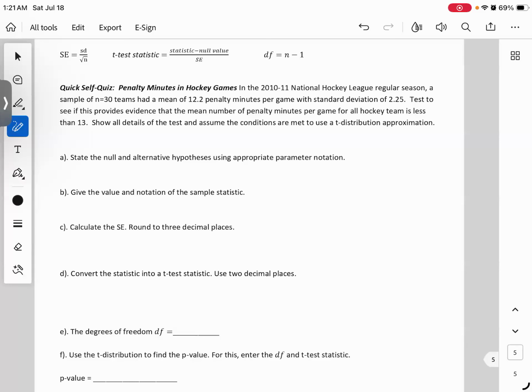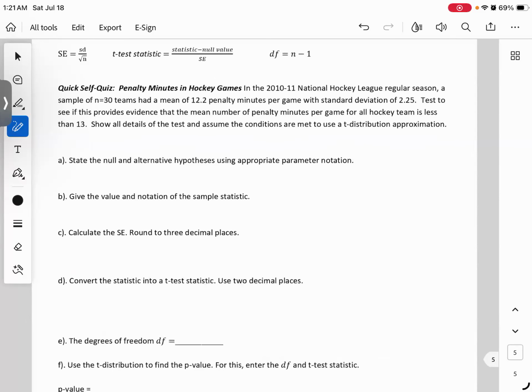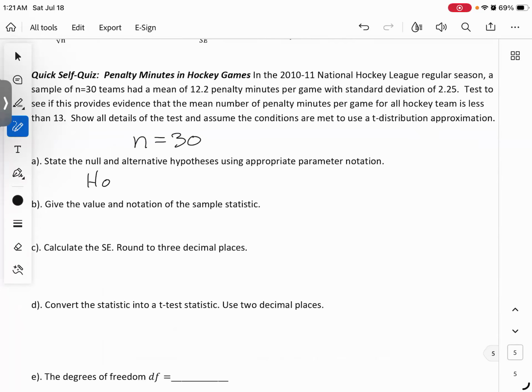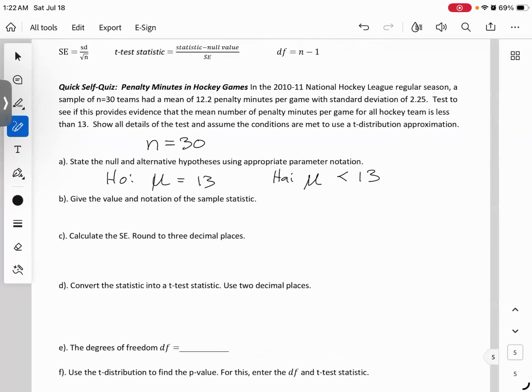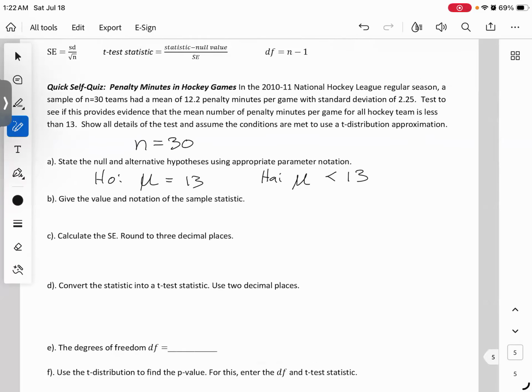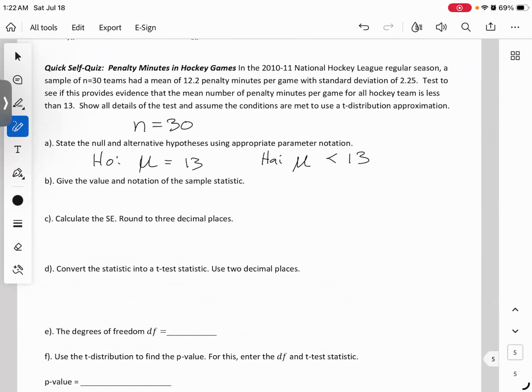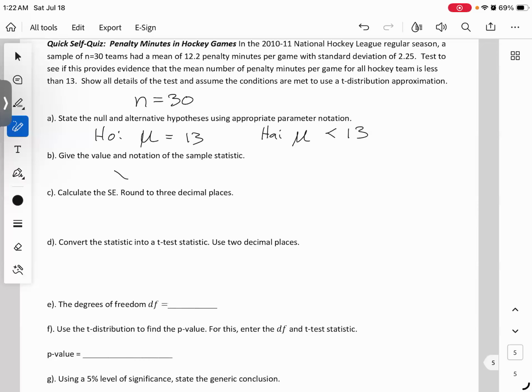On this one, they did a sample of 30 teams, and the null was to see whether the average was less than 13, penalty minutes per game. The mean number of penalty minutes per game for all teams is less than 13, which would be a left tail test.